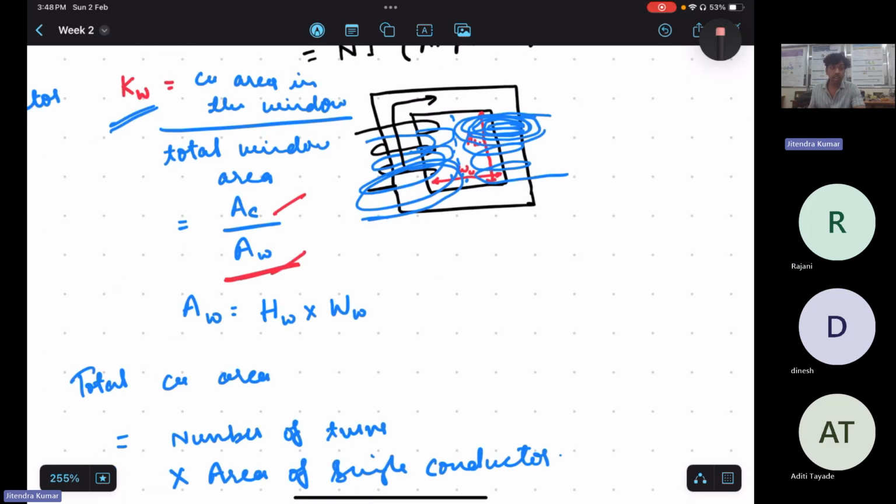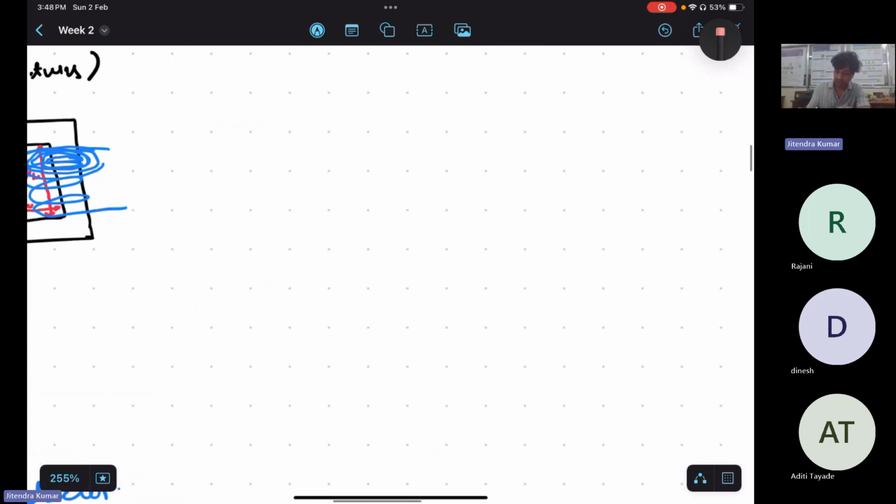So that is why we use stacked rings. With the help of these stacks, our gross length or gross area of core is less compared to the total length, because you have insulations in between. So that is what a stacking factor is.